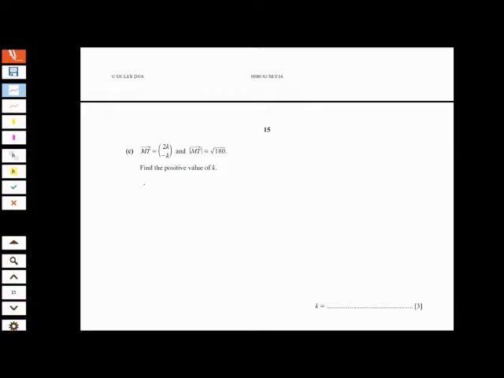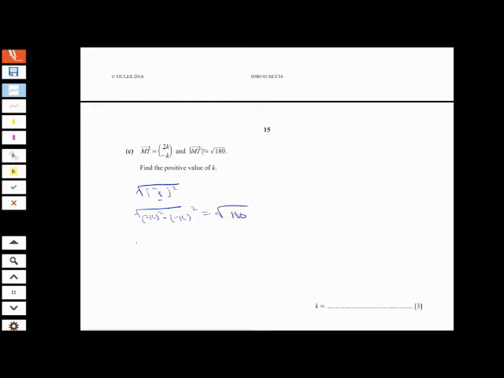That means you're going to have to use the equation i squared plus j squared, because they want the magnitude of MT. Oh, sorry, my bad. The equation here is minus, not plus. i squared, i is 2k, so it's 2k bracket squared, minus j squared. j squared is negative k squared, equals square root of 180.